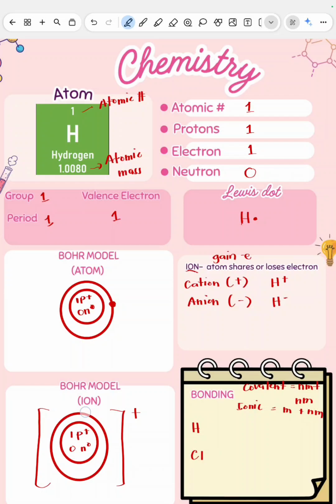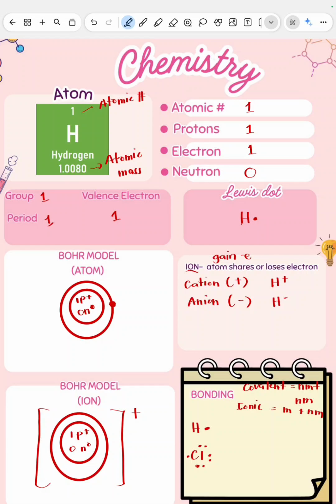How? First, hydrogen is 1. Cl is group number 7. So there will be 7 dots. So as you can see, since chlorine has only 7, remember the octet rule. Different atoms or different elements will lose or gain electrons to become stable. And hydrogen is only 1.